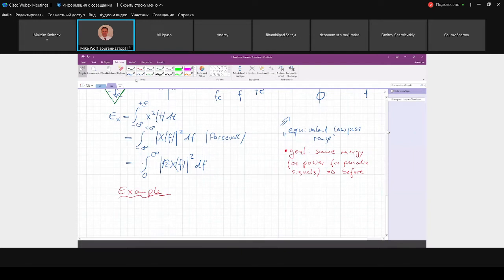Let's say we have a signal x of t. And this is a very simple case of a bandpass signal. If I take a look at the field strength, it could be the signal that is just emitted or generated by an unmodulated laser diode, a so-called continuous wave laser.